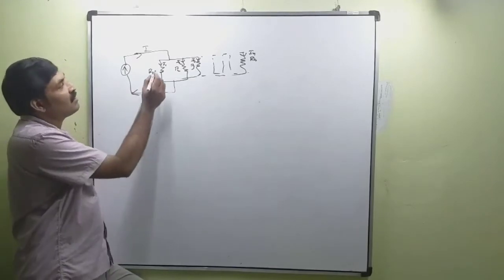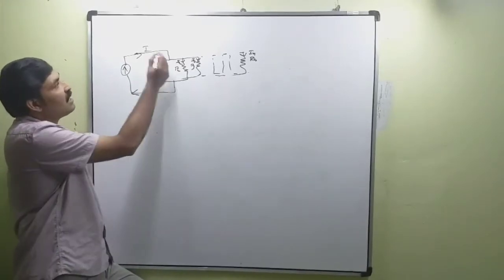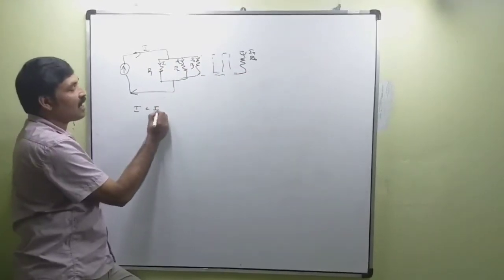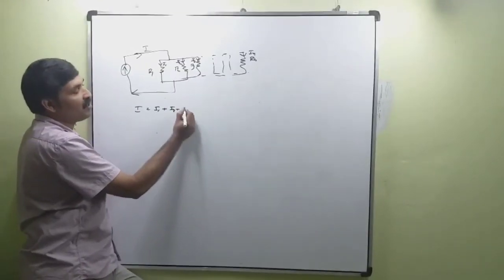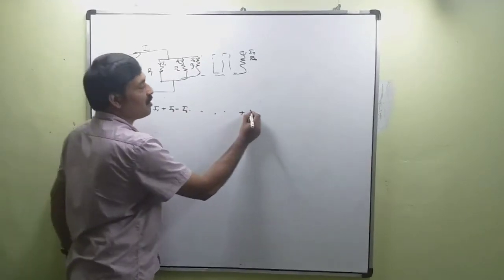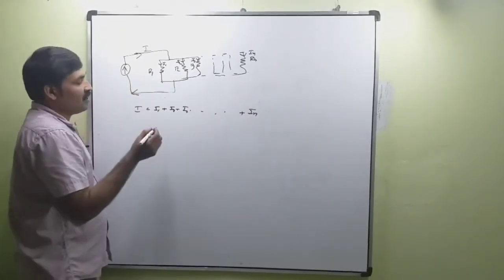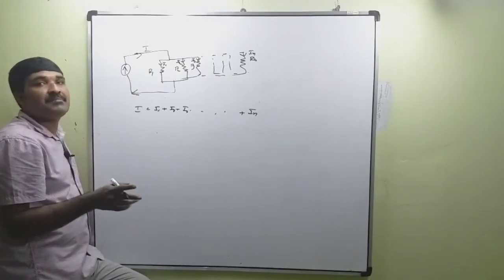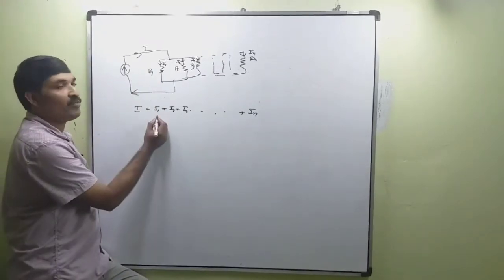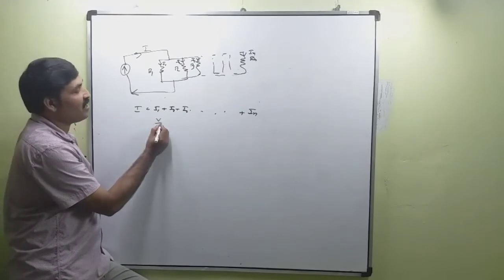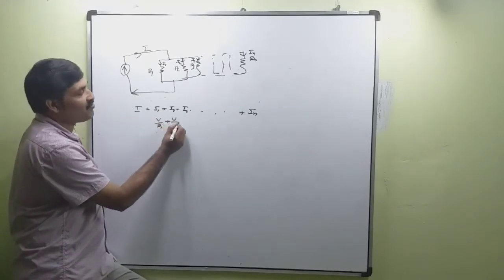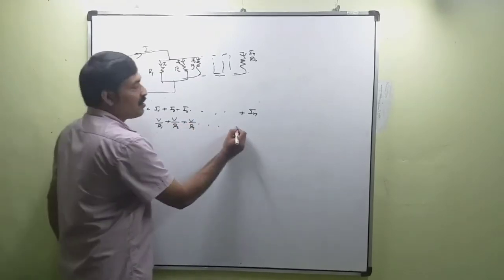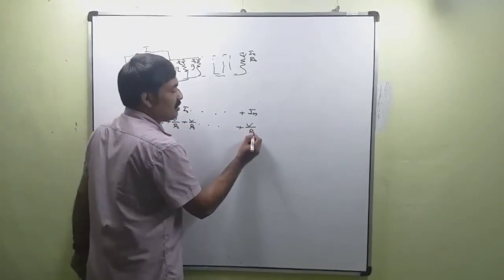So we can write I is divided into I1 plus I2 plus I3 up to In. Since the voltage across each element is the same due to parallel connection, I can be written as V by R1 plus V by R2 plus V by R3 up to V by Rn.